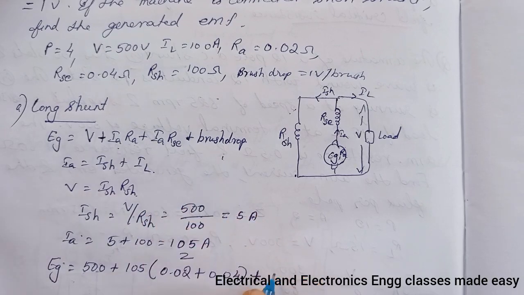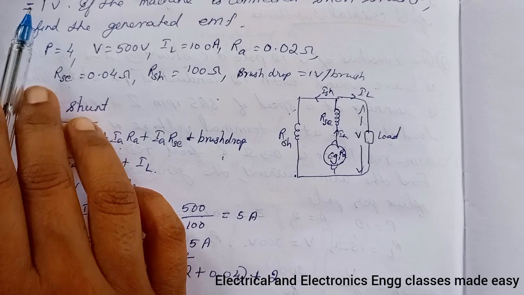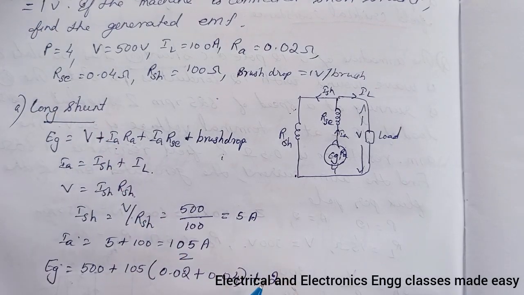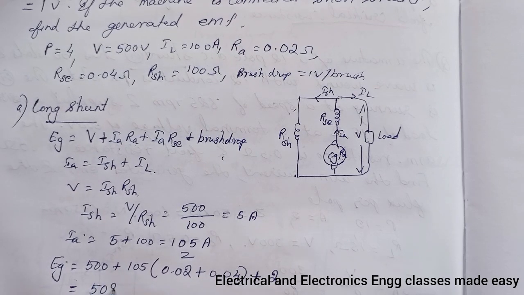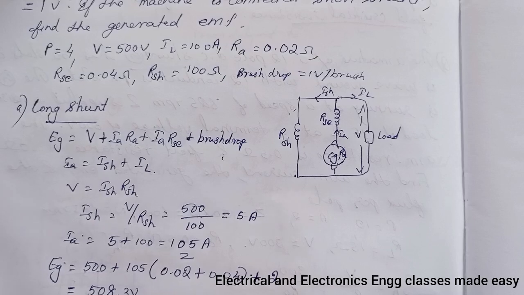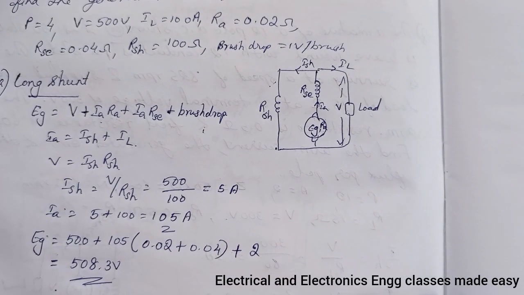So brush drop is 2 volt because 1 volt per brush, and there are 2 brushes. So we write 2, and we get 508.3 volt. So this is the case for the long shunt generator.